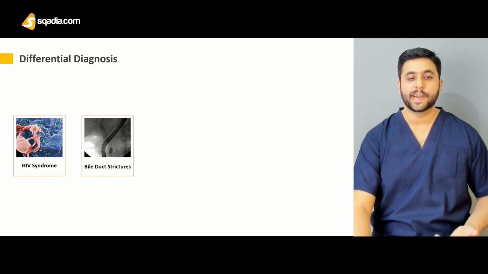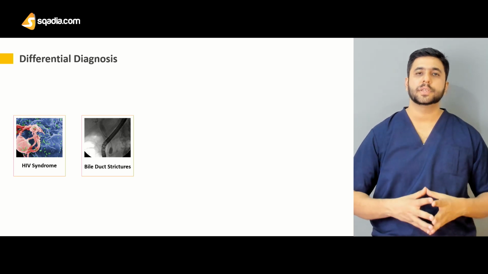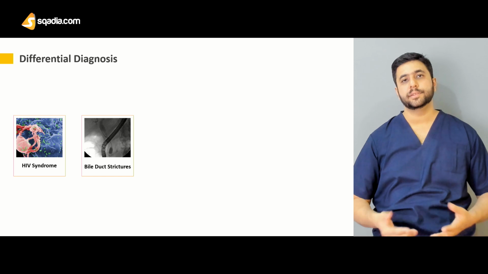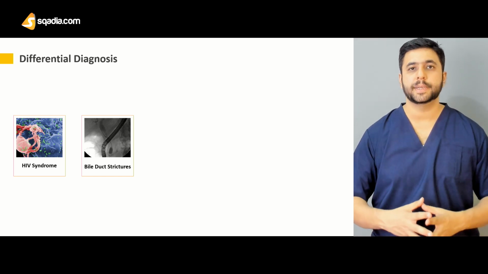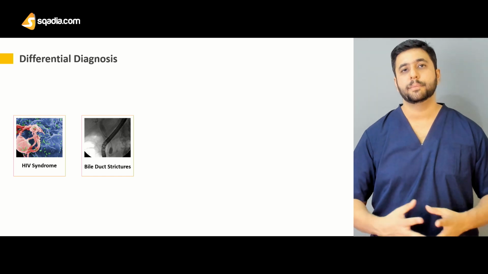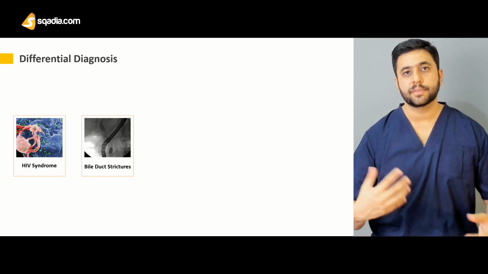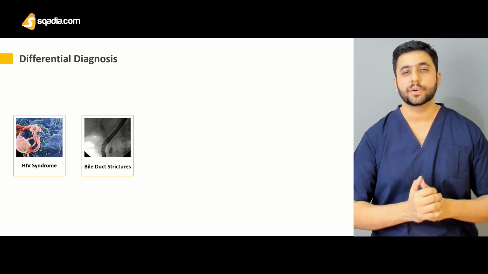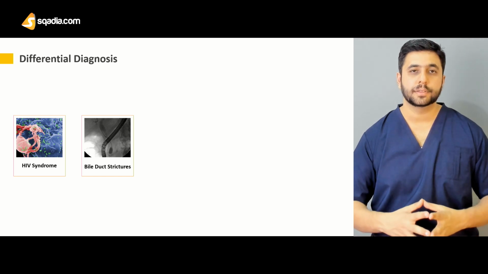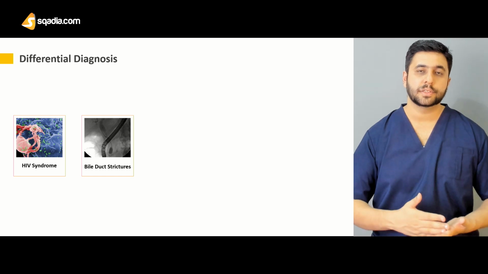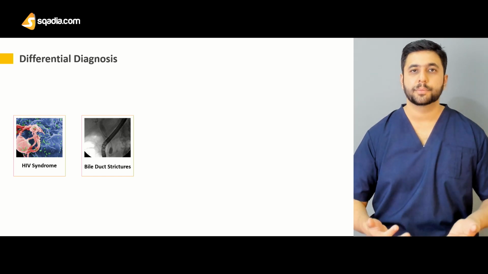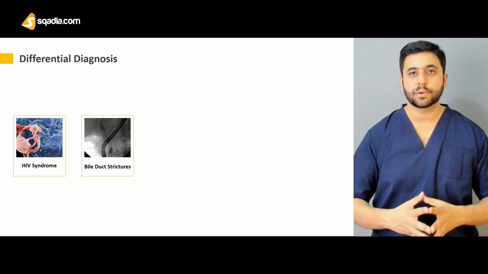Similarly, there are various types of bile duct strictures, like extrahepatic biliary atresia in the pediatric population, or strictures formed as a result of biliary surgery. For example, someone who has undergone open laparotomy for cholecystitis can develop various types of strictures as a result of this surgical procedure. So we have to distinguish whether the strictures are in response to those surgical procedures or whether it is primary sclerosing cholangitis.